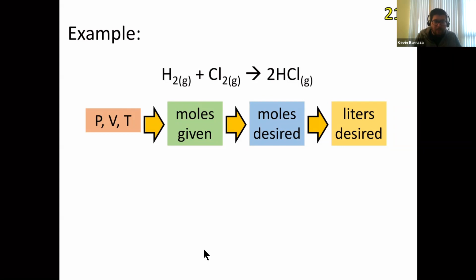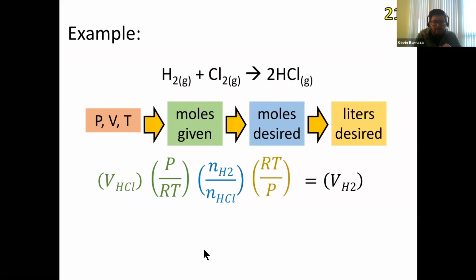If I take a moment to just write the multiplication that occurred, we took our volume and then we did PV equals nRT to it. And so if we look at the equation one more time, it required that we did V times P over RT. So I'm writing it like a conversion factor. And then we did the mole ratio between the two, and we got a new moles, right?